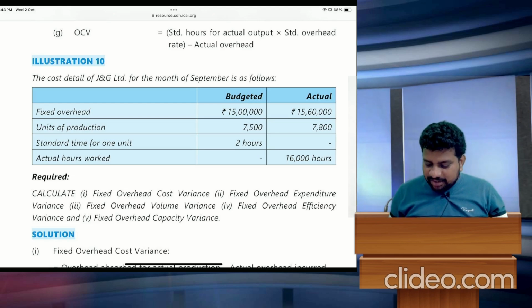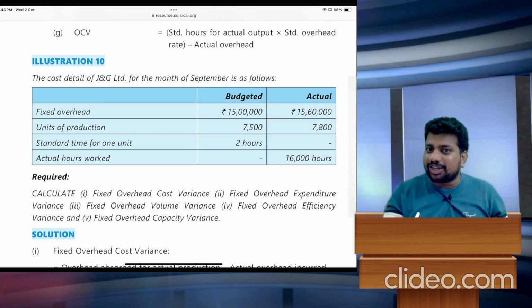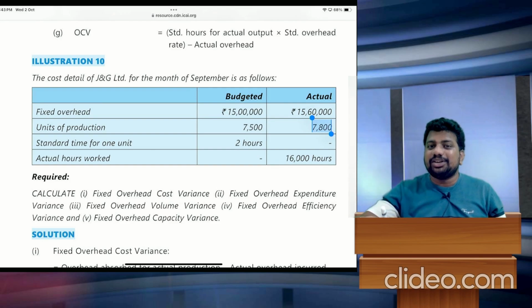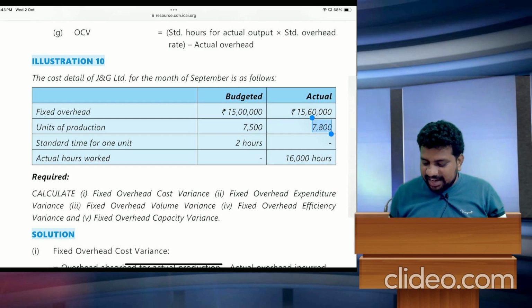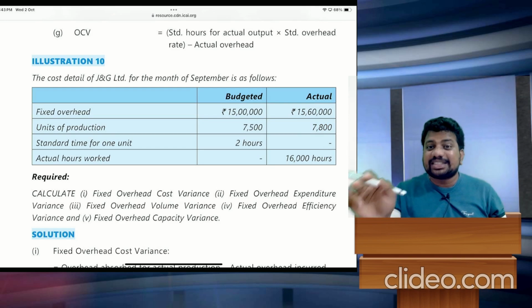Now with this 2 and with 7,500 into 2, 15,000 will give me budgeted hours. 2 into 7,800, actual output into standard time, will give me standard hours. So 78 into 2, 15,600. So 15,000 is my budgeted hours, 15,600 my standard hours.